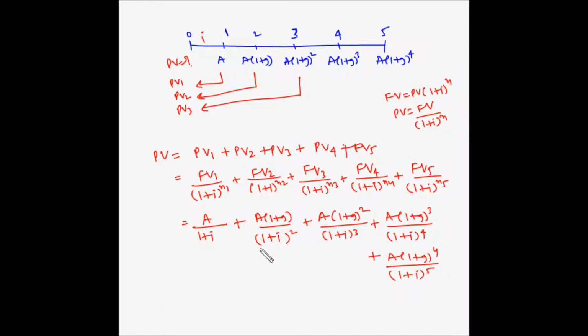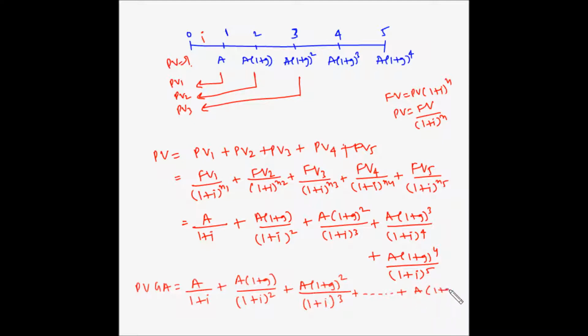So let's generalize this. So present value of a growing annuity is equal to A into 1 plus i plus A into 1 plus g divided by 1 plus i square plus A into 1 plus g square divided by 1 plus i cube and so on, plus A into 1 plus g to the power n minus 1 divided by 1 plus i to the power n.